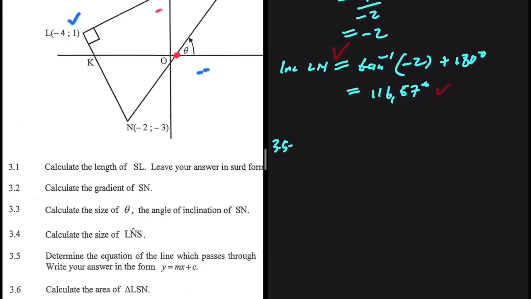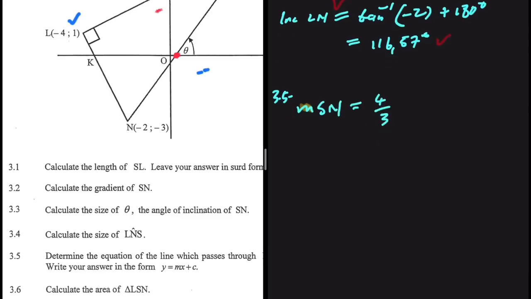Yes, I calculated the gradient of SN in 3.2. It was 4 divided by 3. So the line I'm interested in will have a gradient of 4 divided by 3: y equals 4/3 x plus c. Parallel lines have the same gradient.